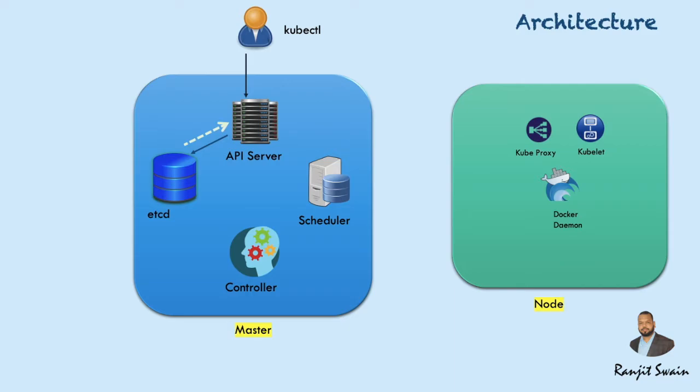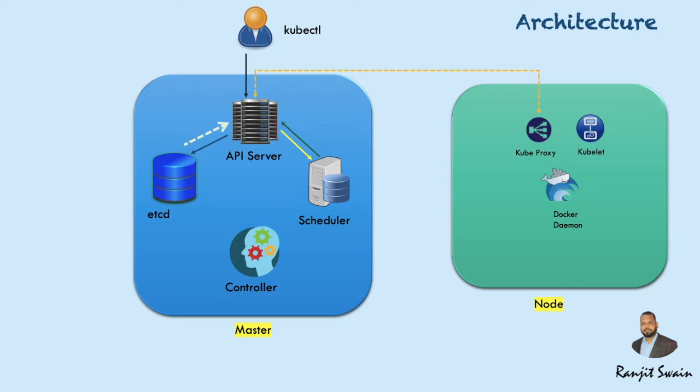Then the API server invokes the scheduler, and the scheduler decides where to run the pod and returns that to the API server. Then the API server persists that information to the etcd database. Then what happens? Then the API server invokes the kubelet agent on the node side.